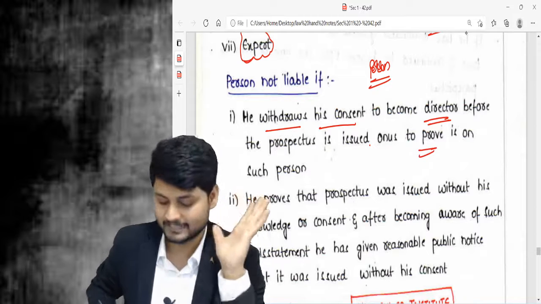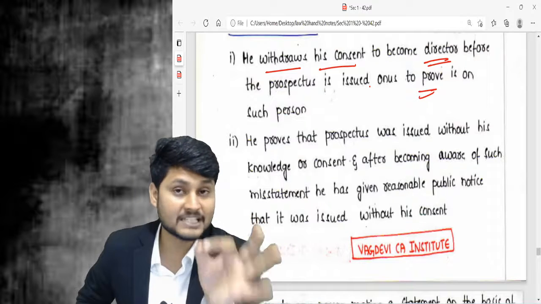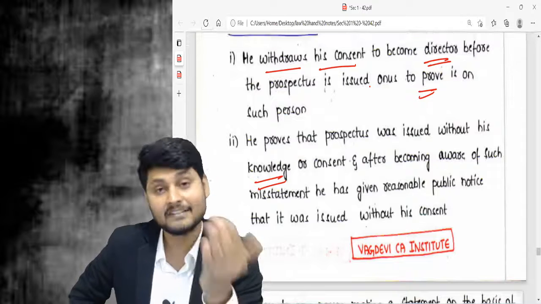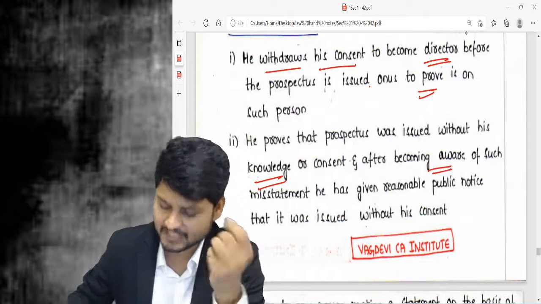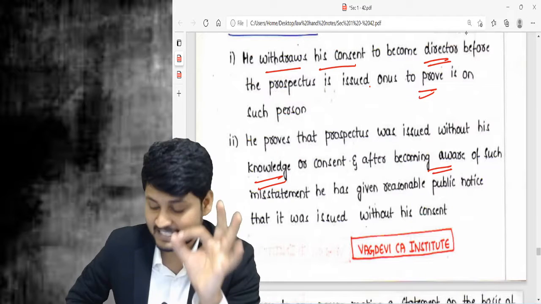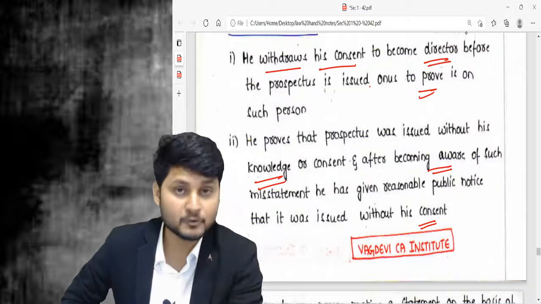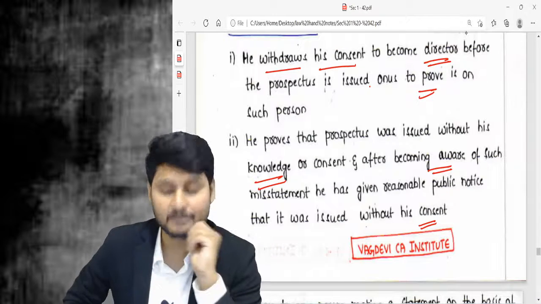he withdrew his consent to become director before the prospectus is issued, and the onus to prove is on such person only. Point number 2, if he proves that the prospectus was issued without his knowledge or consent, and even after becoming aware of such misstatement, he has given reasonable public notice that it was issued without his consent. If he proves that, then he can escape from the liability.